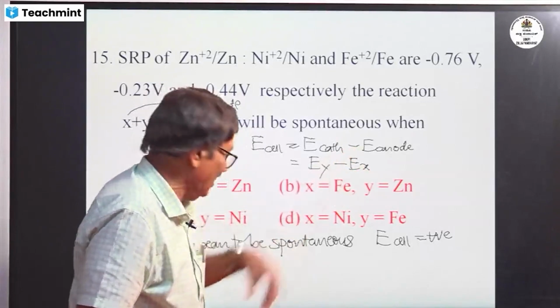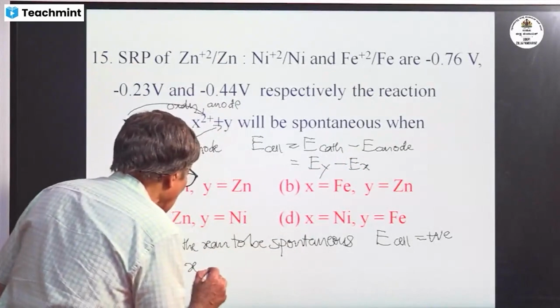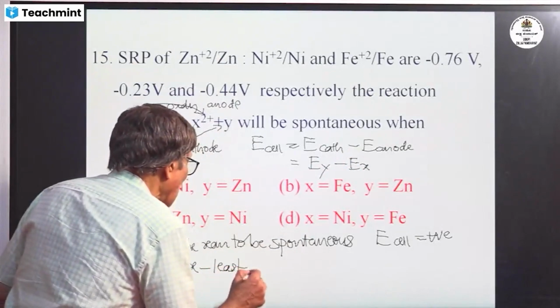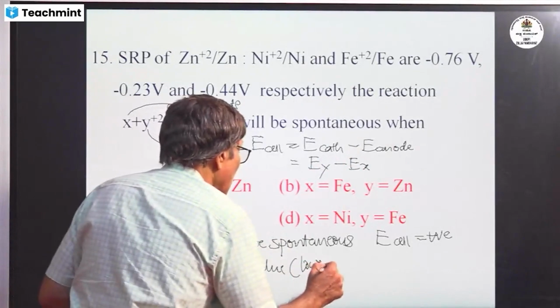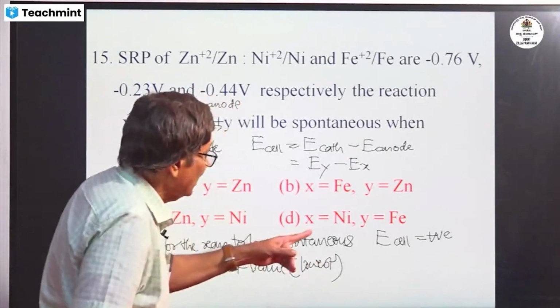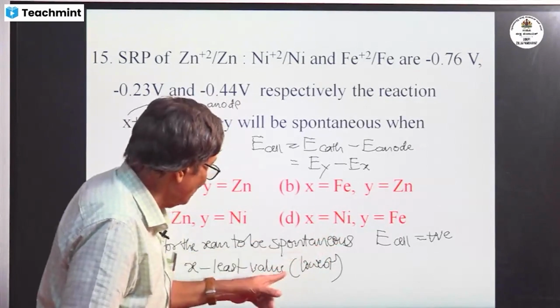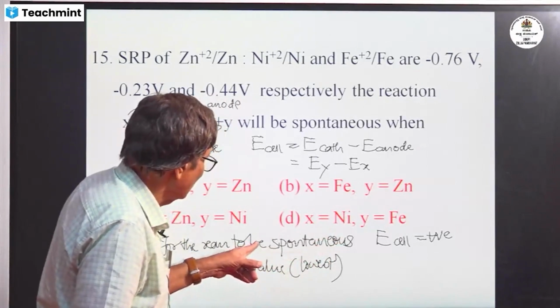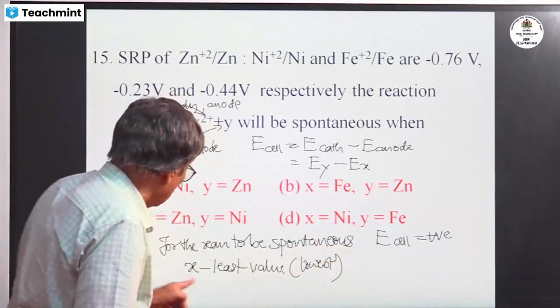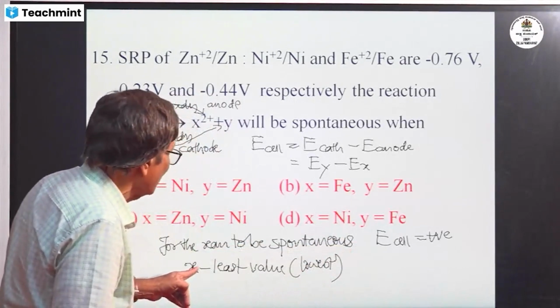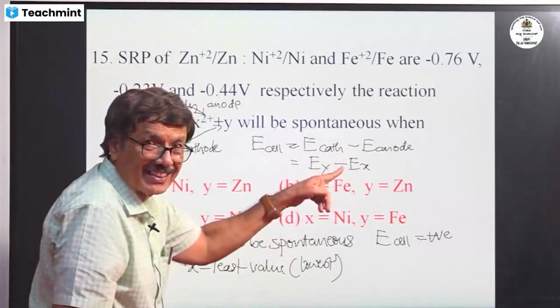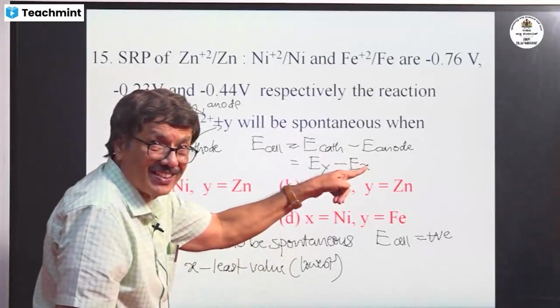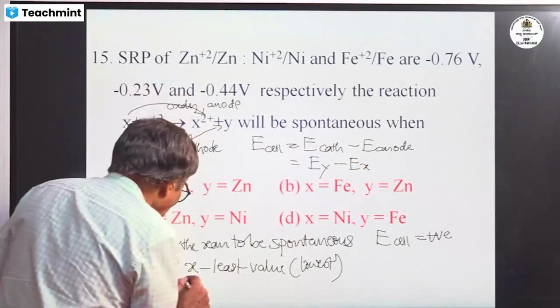E of X should be lowest. Correct now? E of Y minus E of X. E of X should be least, and E of Y highest.